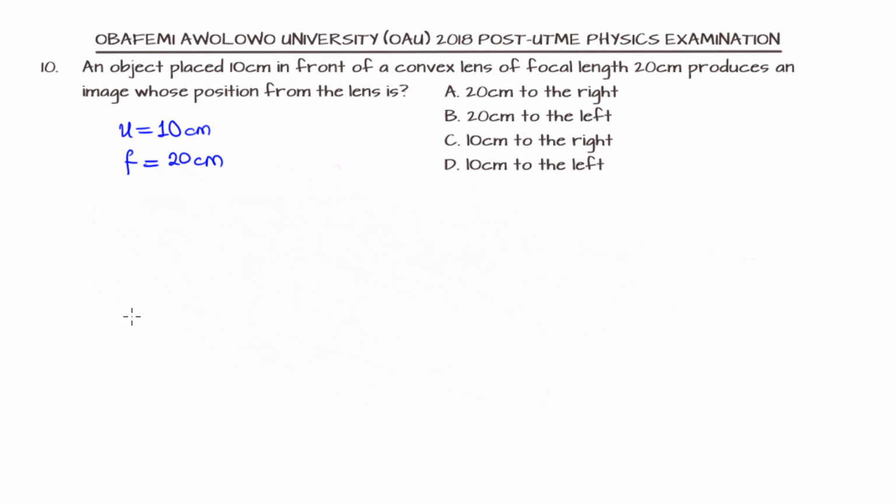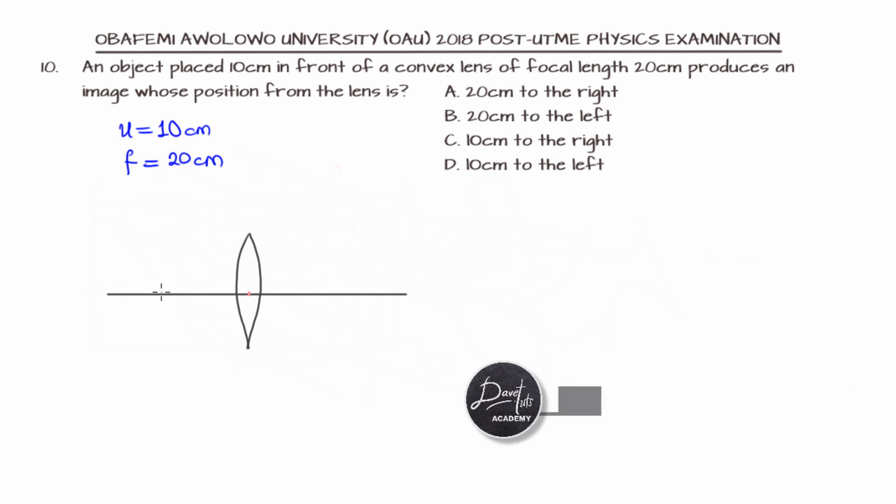Normally, if you really understand the properties of a convex lens and how images are formed, you can answer this question on the go. If I want to show this, let me have my convex lens. Since I understand how to get my image from an object placed in front of a lens, I have the center of curvature.